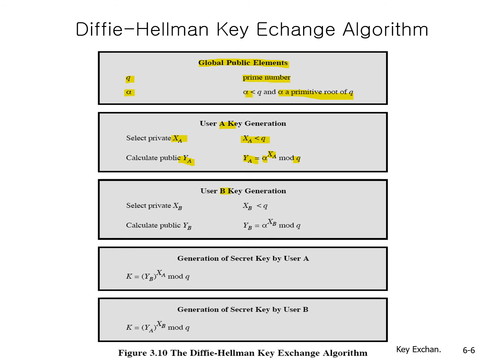On the B side, select private value XB less than q, and calculate YB using this equation. User A can generate K like this, and user B can generate it like this.